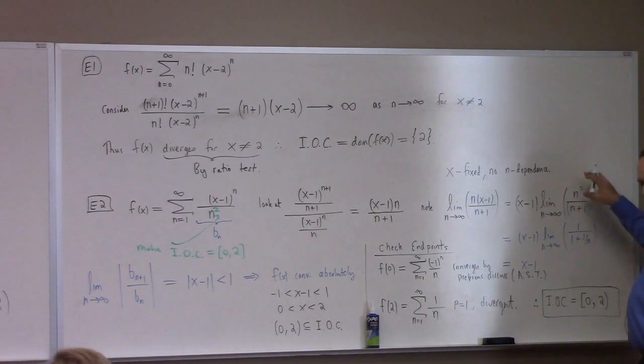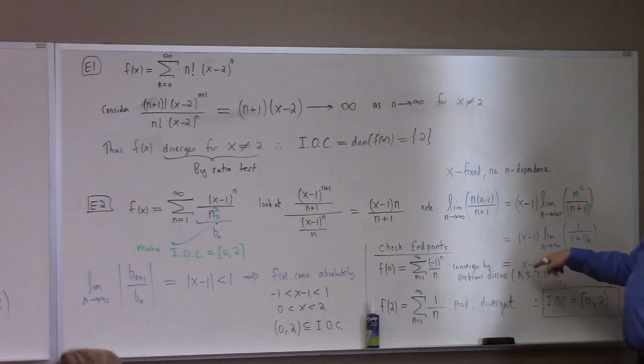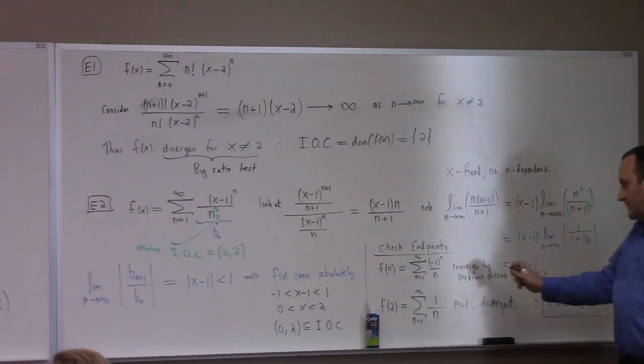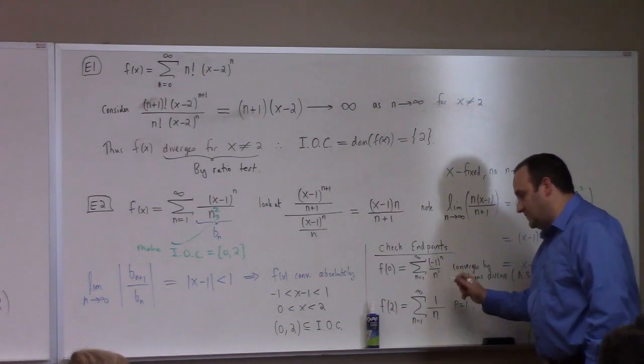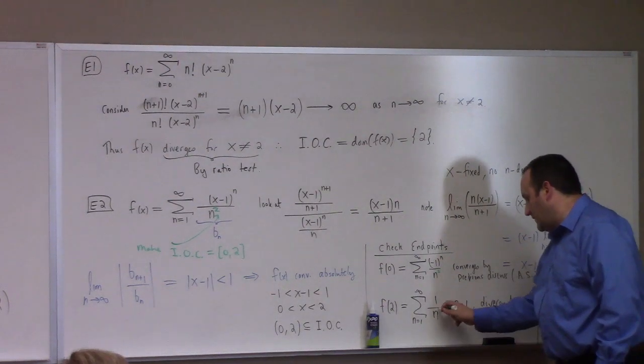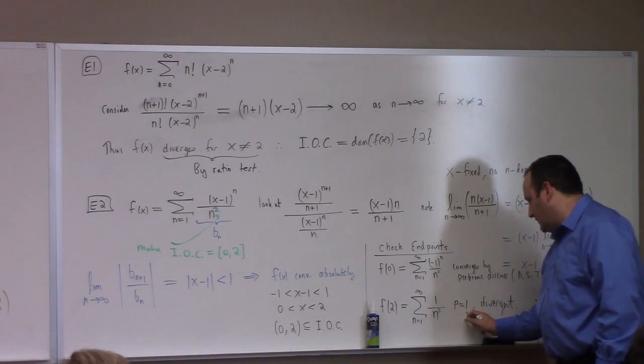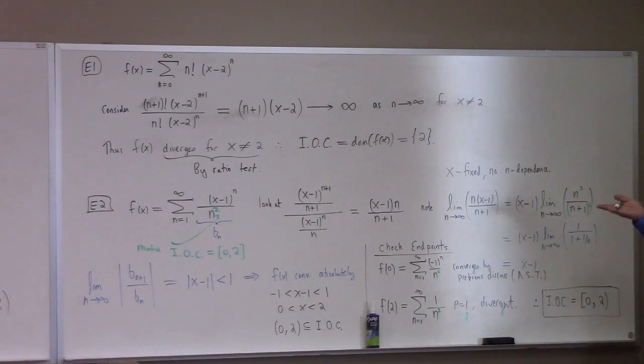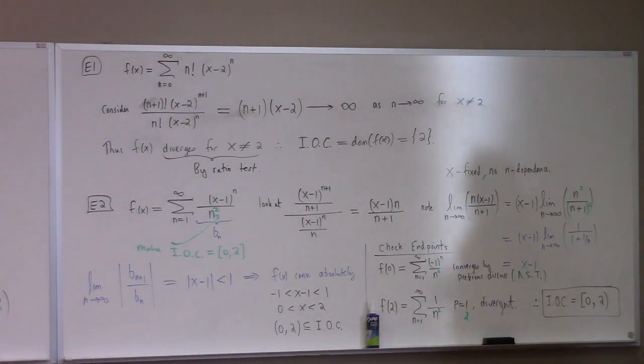This still limits to 1. You're still left with an absolute value of x minus 1, so you still get the same open interval of convergence. And then when you check endpoints, you've got the alternating p equals 2 series and the p equals 2 series, which would converge. So this is an example where both endpoints are included, and yet it's a finite interval of convergence. Make sense?